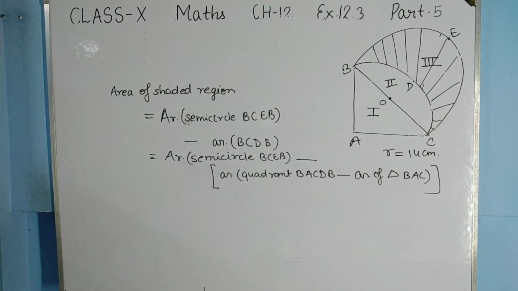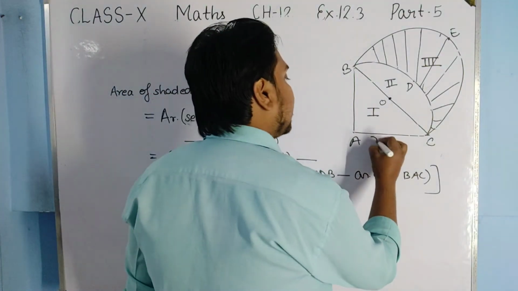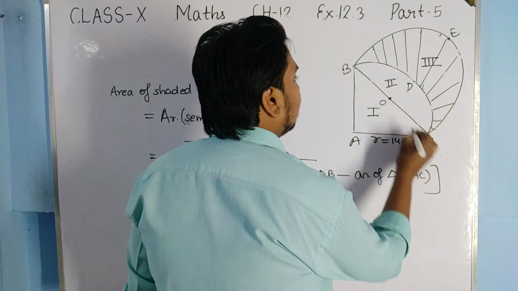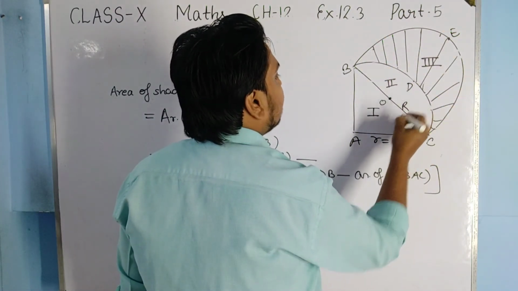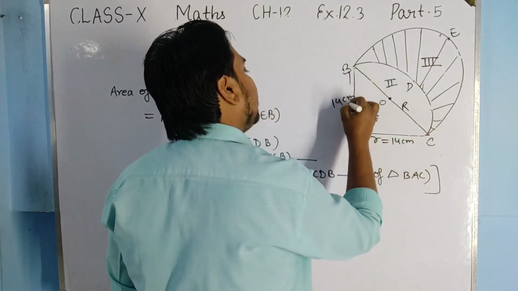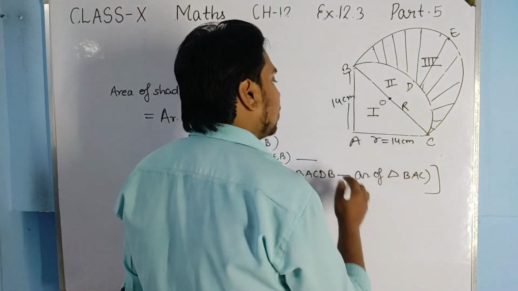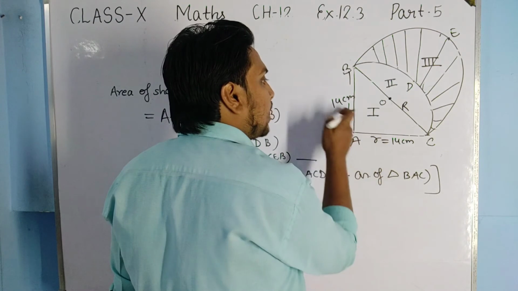Okay students, you can pause the video and note it down. One more thing: it is given that the radius is 14 centimeter here, but what will be the radius of this semicircle? These sides are the radii of this quadrant, so you have the base and the perpendicular.